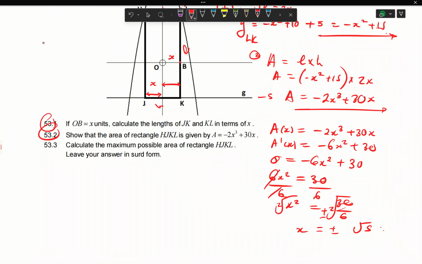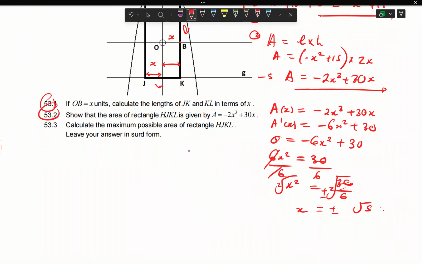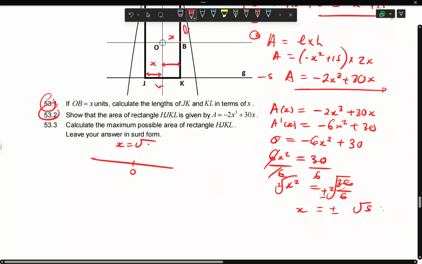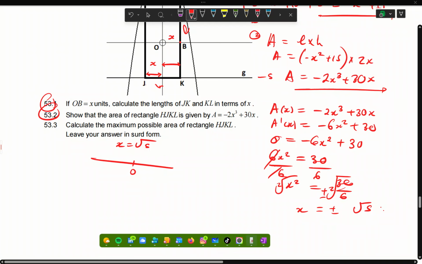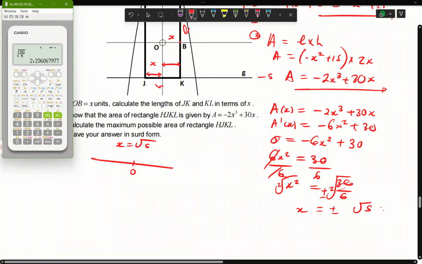For the maximum, I have to verify here, so we draw our table and try those values. Let's start with x equals the square root of 5. We substitute a value that is less than this. The square root of 5 is 2.3, so I'll plug in 2 and then 3.